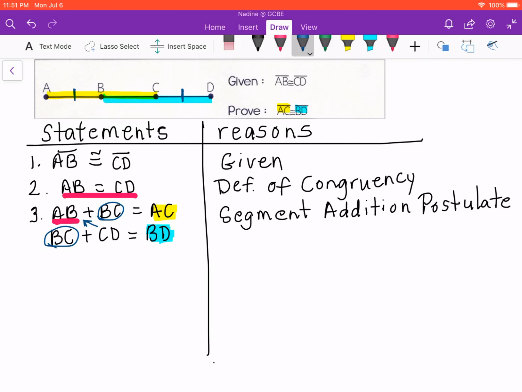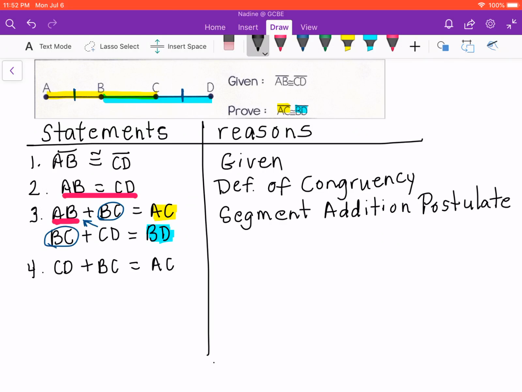So we're going to substitute that in. We'll use statement 2 to do a substitution property so that we can get the left side of that equation to be the same. In place of AB, I'm going to put CD plus BC equals AC.